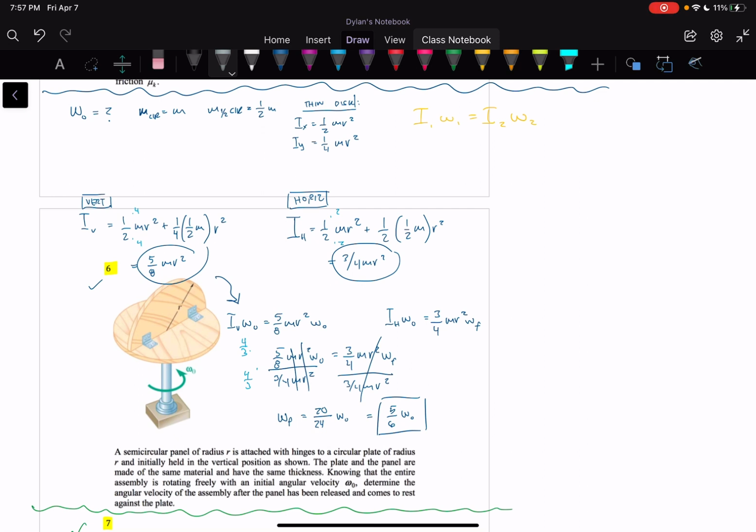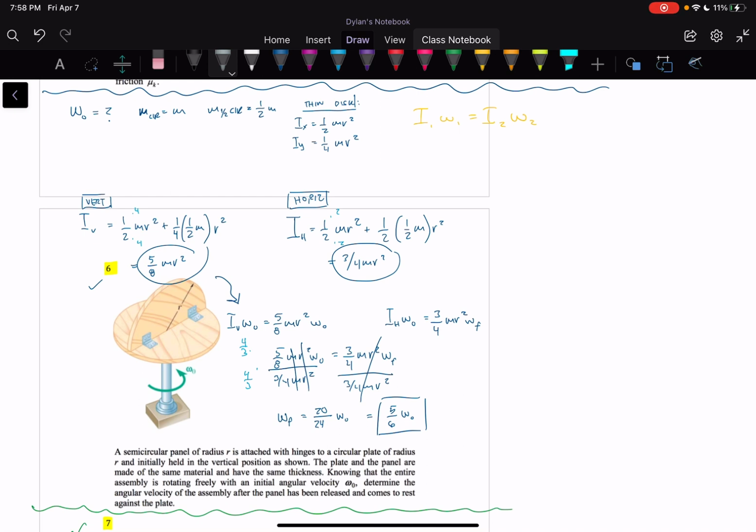However, when it's vertical, our moment of inertia is different because it's rotating about a different axis. And so that is 1/4 mr squared instead of 1/2.